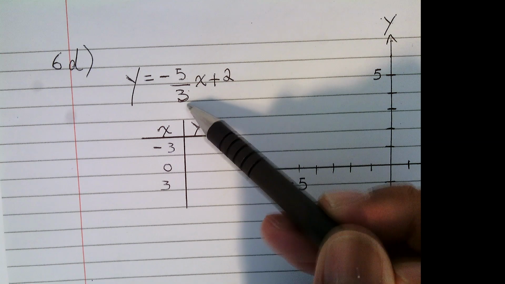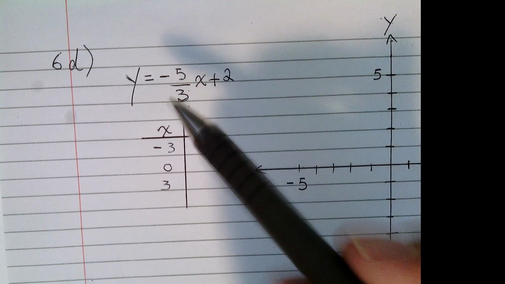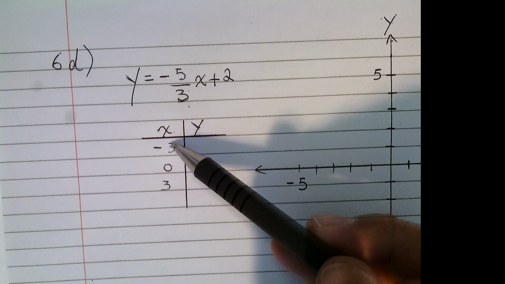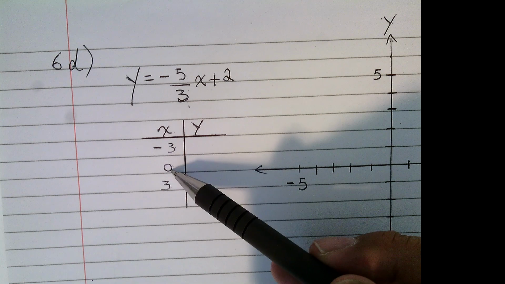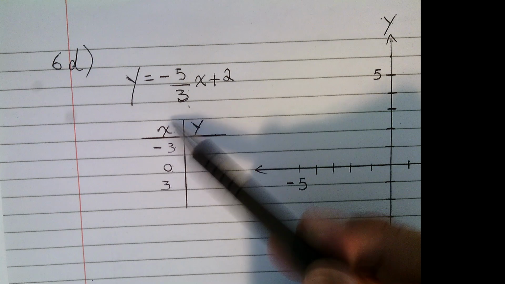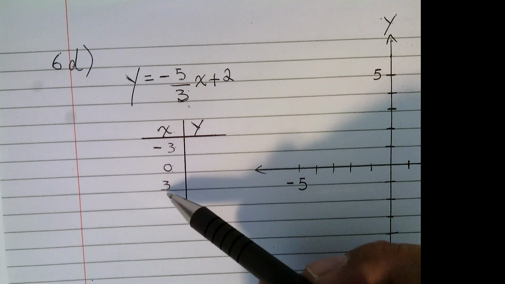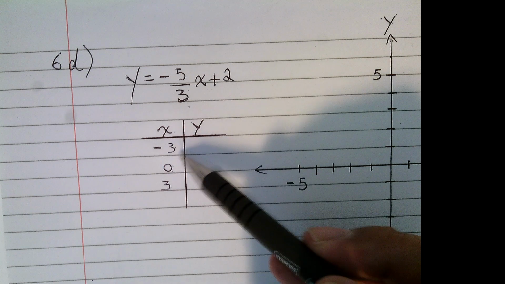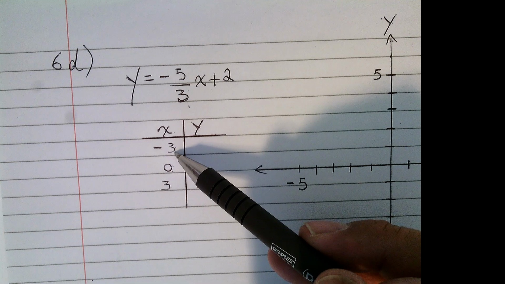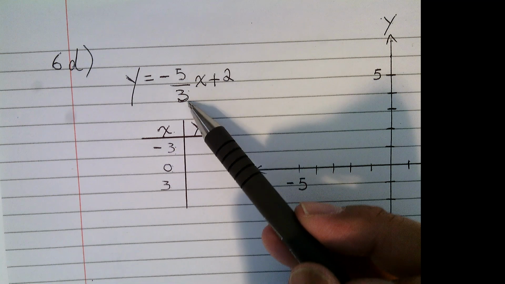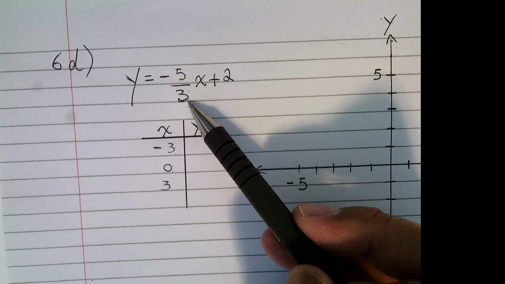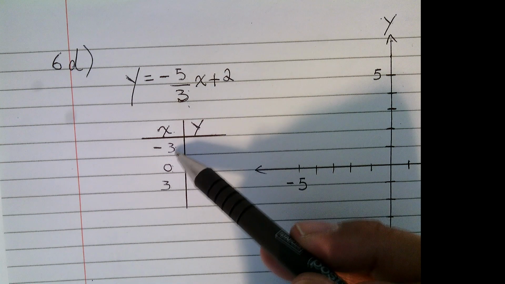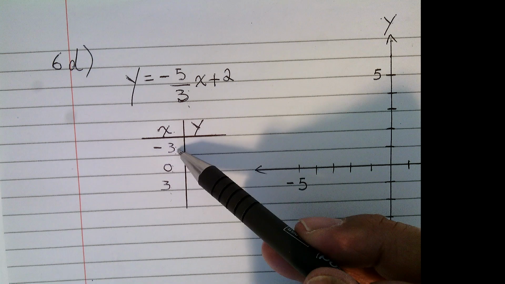So the value of x you select is your call, your choice. You can pick x equal to any number. I pick -3 because -3 can be divided by 3. So I pick numbers which are multiples of 3, both positive as well as negative.